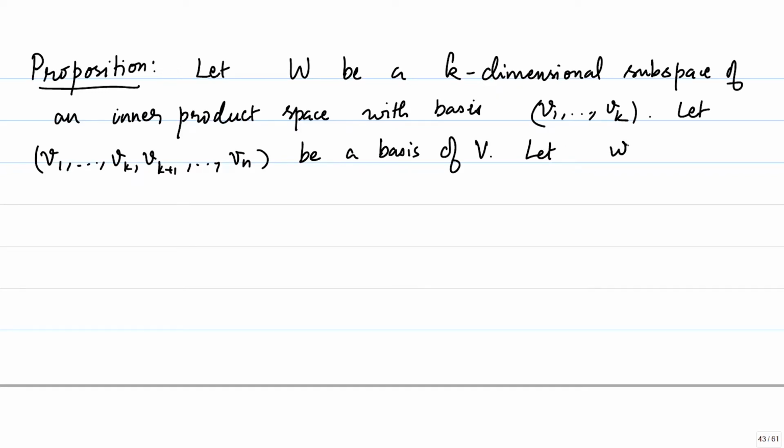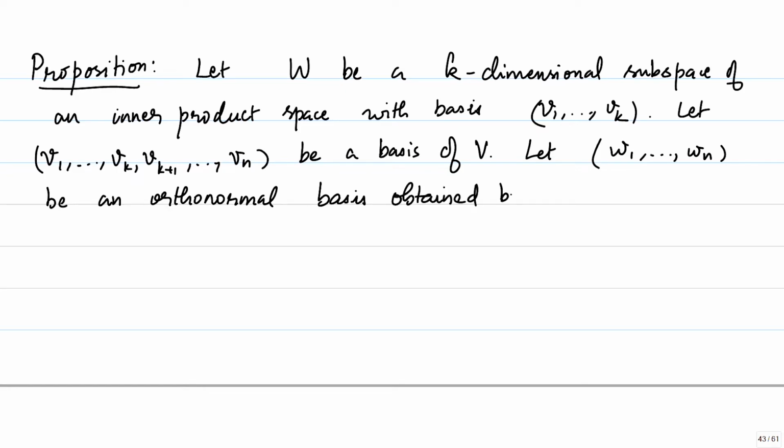Let W1 to Wn be an orthonormal basis obtained by the Gram-Schmidt process.